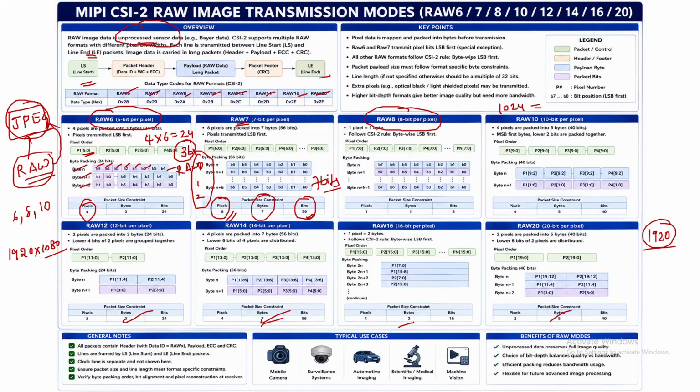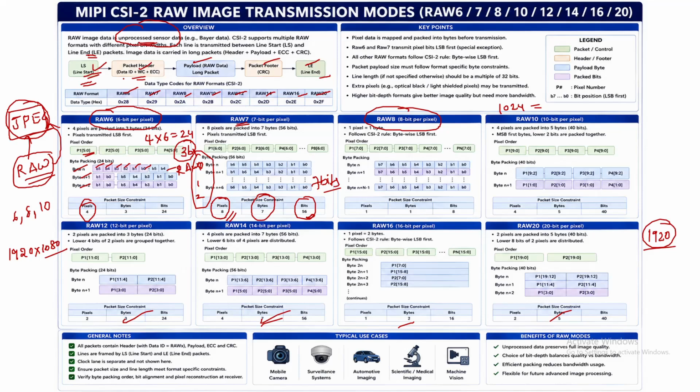So this packet structure, anyway you know: line start, packet header, payload, packet footer, line end. Line start is where we are starting the frame, and then where we are starting the lines of your pixels. The packet header will tell the type, and then an ID is also needed.